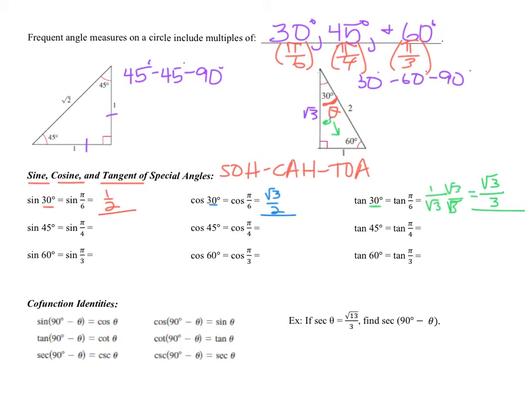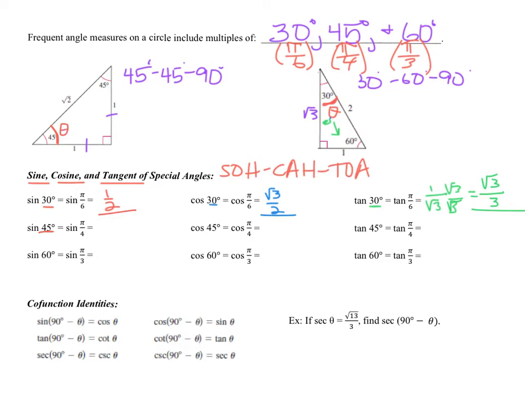Now we'll do the same thing again for 45 degrees. The unique thing about this 45 degree angle is that in that 45, 45, 90 triangle, there are 2 of them. It doesn't matter which one you pick because the comparison of the sides will be the exact same. I'll pick the angle at the bottom left, and I'm going to consider that my new theta value.